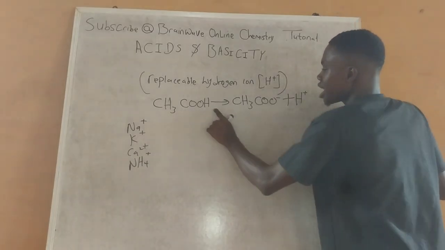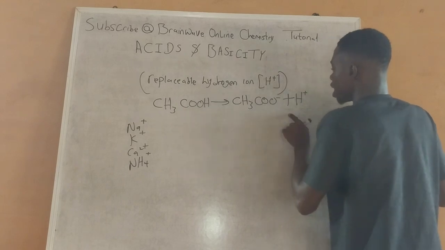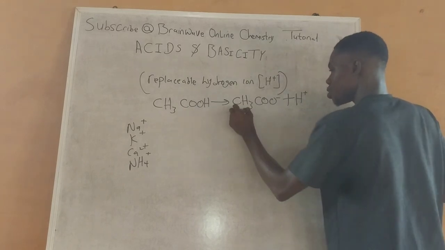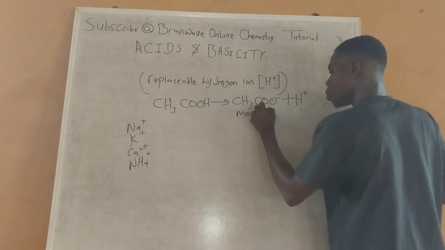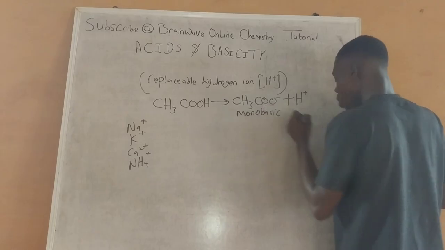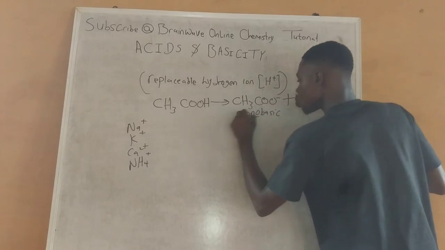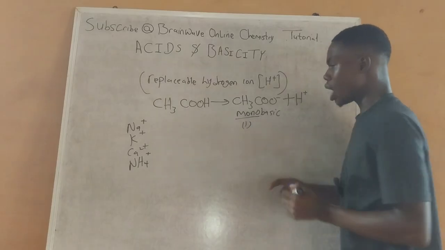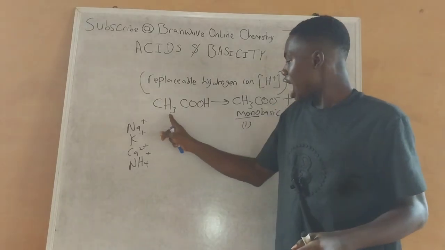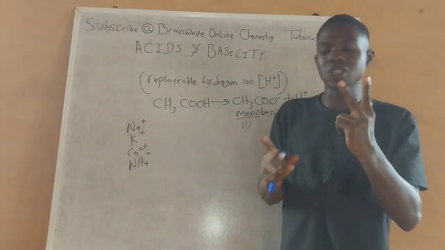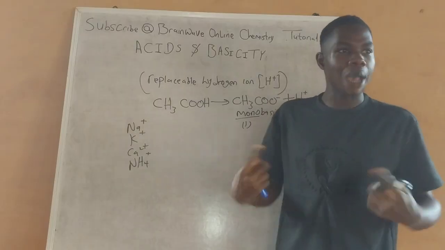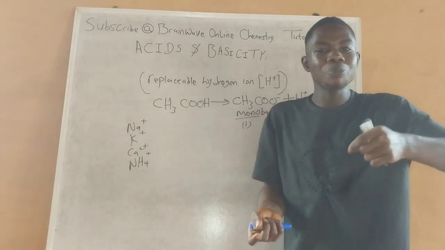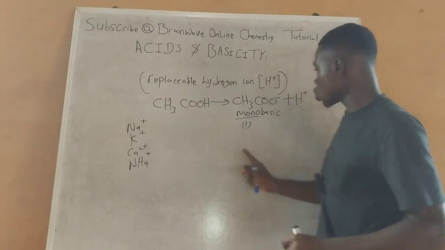Now, since it's only 1 hydrogen ion that can be replaced here, you call it monobasic. Mono means 1. Assuming it is 2 hydrogen ions here that can be replaced, we call it dibasic. It is the number of hydrogen ions that can be replaced that you put here.